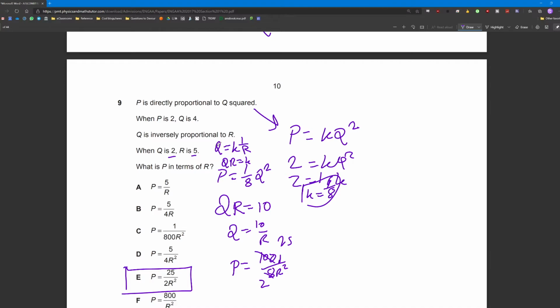And in the same vein, I think something I should have done here is write Q squared over P is equal to 8 immediately, because once I know that the constant of proportionality is P over Q squared is 8, it becomes quite easy to determine P or Q squared or whatever.